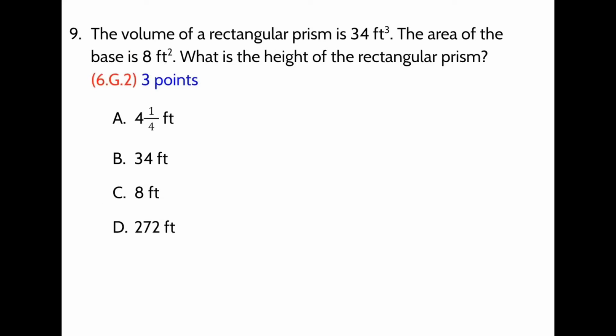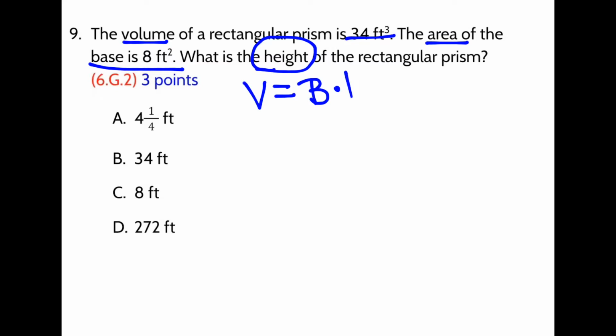Number 9, the volume of a rectangular prism is 34 feet cubed. The area of the base is 8 feet squared. What is the height? We are looking for the height. So we know that volume equals the area of the base times the height.